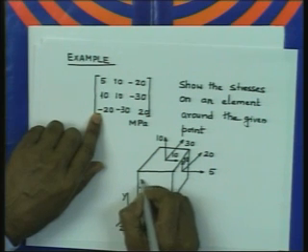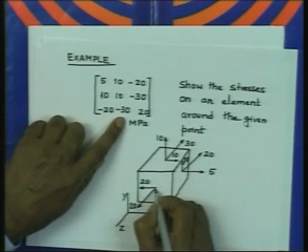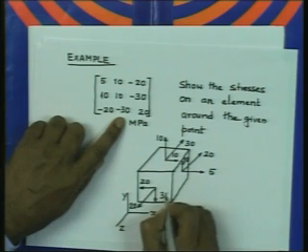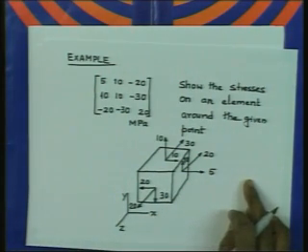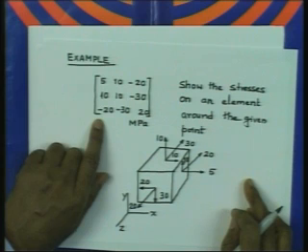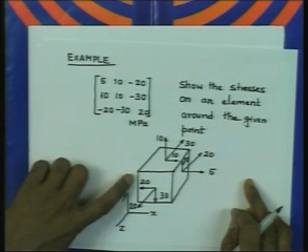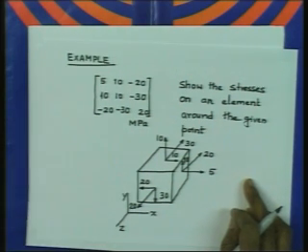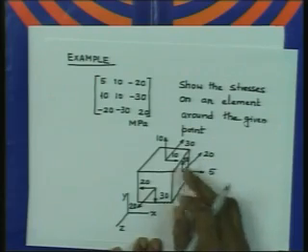So, this is 20 and this shear stress is acting in the negative direction, of magnitude 30. These are the stresses as per this particular stress tensor, and you can show the stresses on the negative faces by considering the mirror reflection of this.